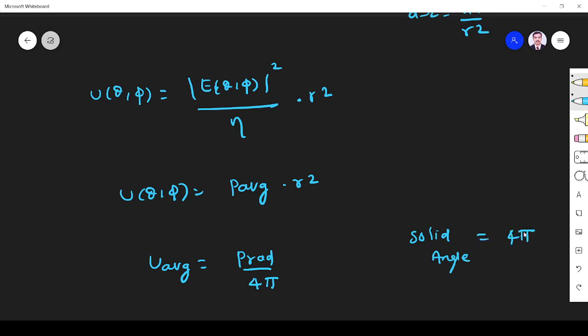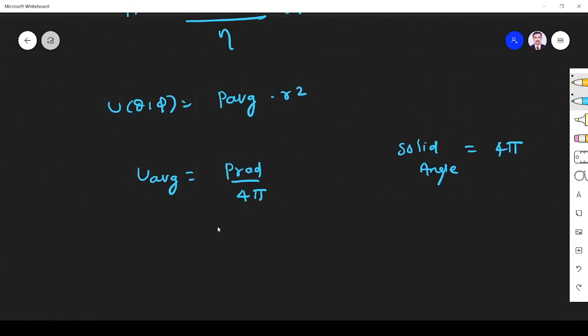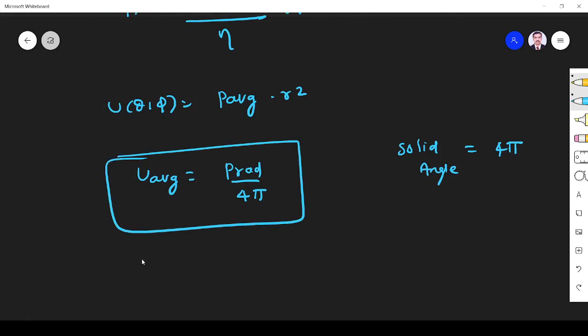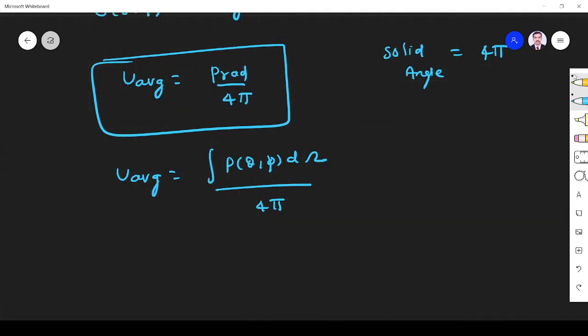So U average is the sum total radiation divided by the total solid angle. So U average is the integral of P theta phi d omega divided by 4 pi. Fine. So this is the first thing we have to know about radiation parameters.